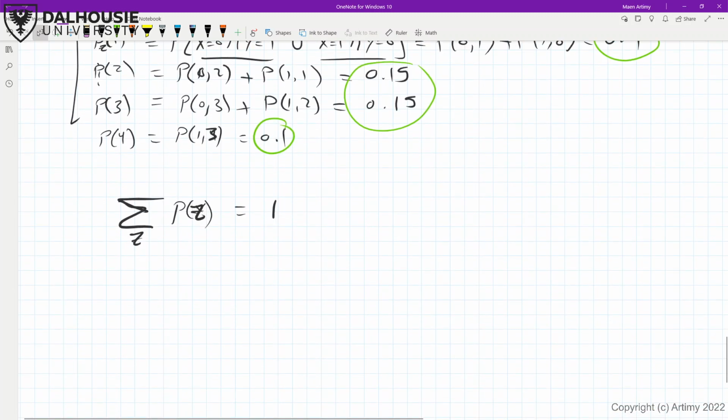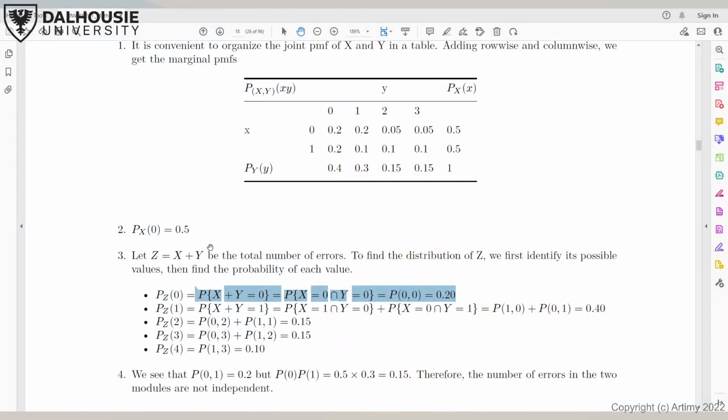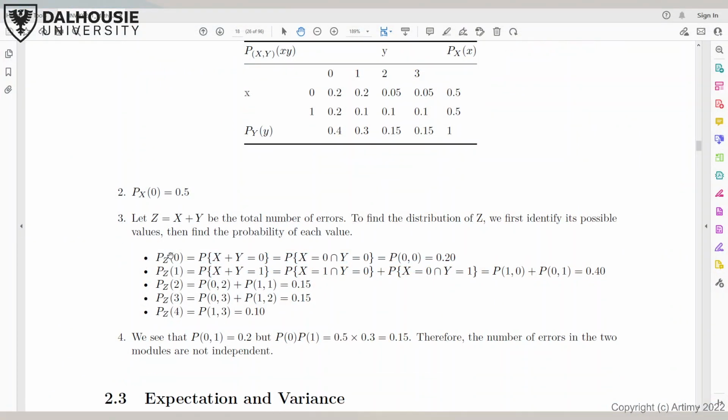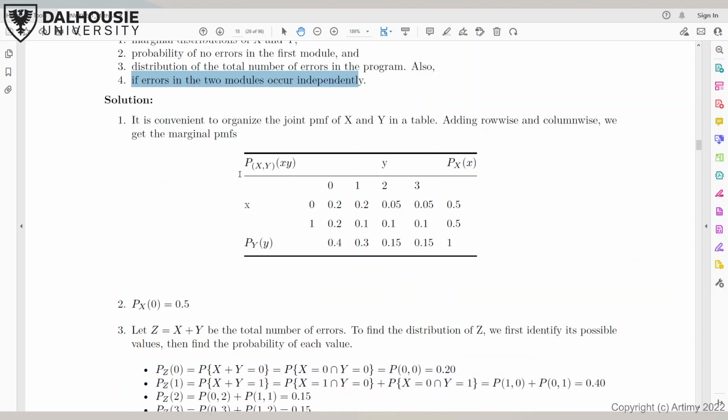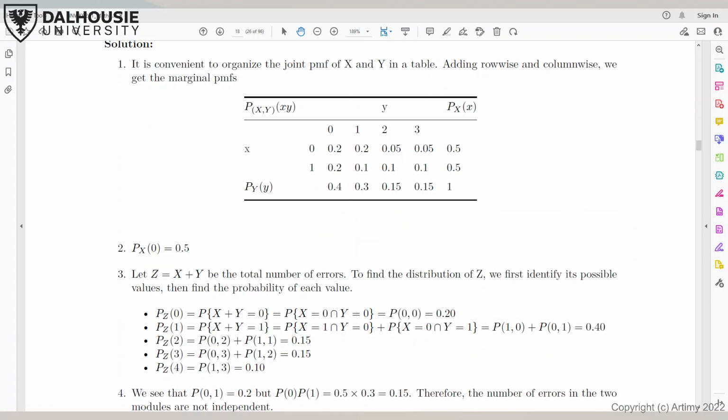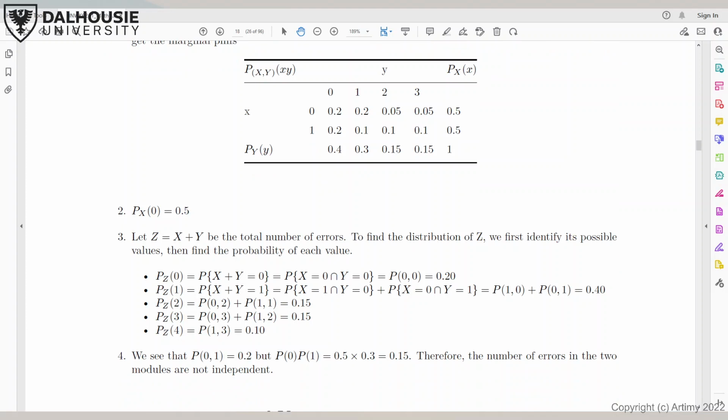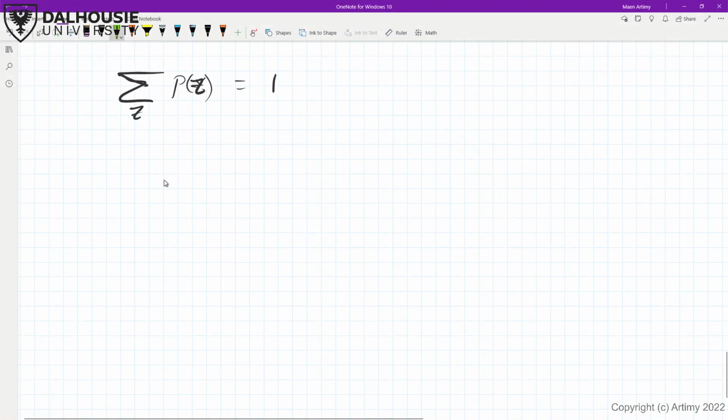All right, so what was the original question? The original question is find the distribution. Okay, so we did the distribution. And finally, do the errors occur independently? So they want to verify that X and Y are independent. If I want to verify that X and Y are independent, I have to do this for all values.